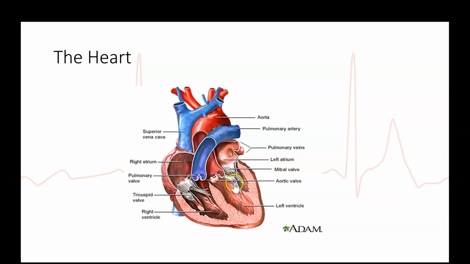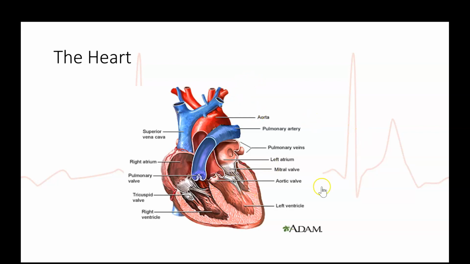Otherwise, we wouldn't open it. If this only generated about 65 millimeters of pressure, we wouldn't open this valve and the blood wouldn't be able to be ejected. So we need to increase the pressure in the left ventricle here above 80 millimeters of mercury, and boom, open up this aortic semilunar valve and eject systemically.